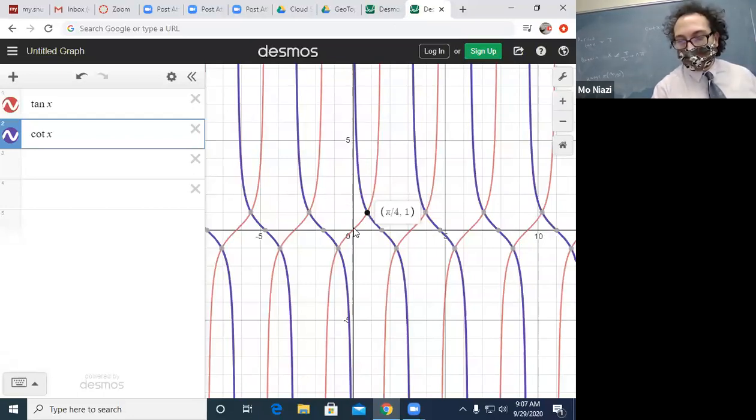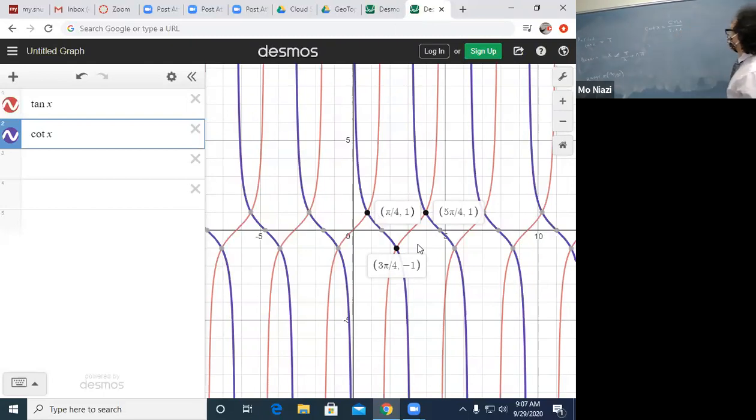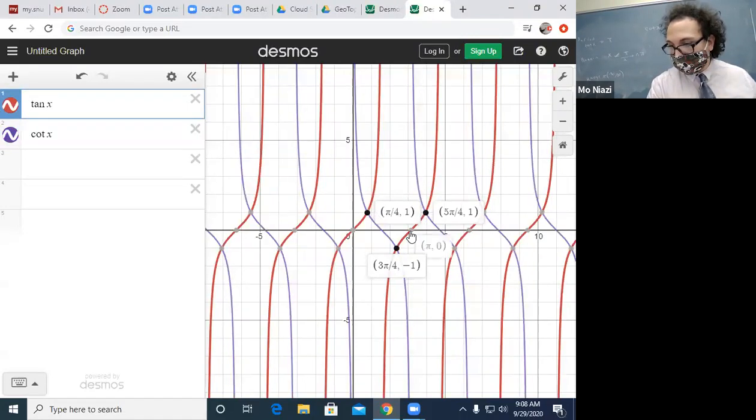So notice here at 0, this purple, which is the cotangent, has a vertical asymptote. And over here, it's going to have a vertical asymptote at pi. Notice that, boom, there's a vertical asymptote for the purple right here at pi.